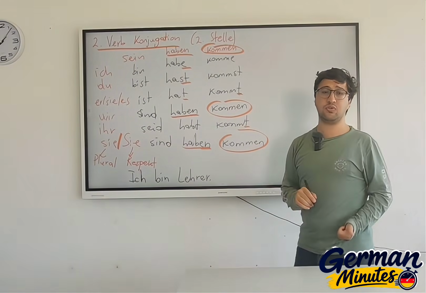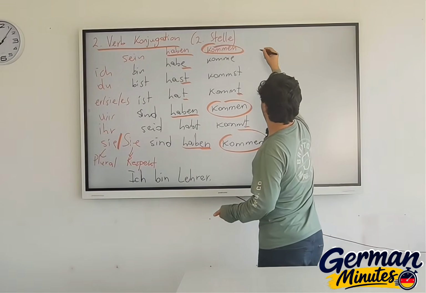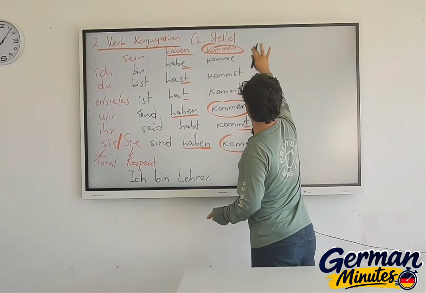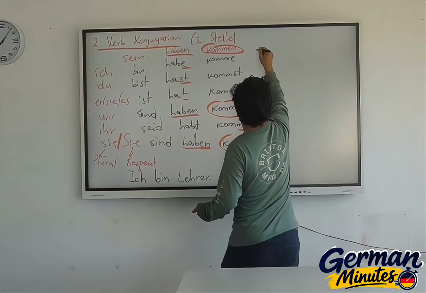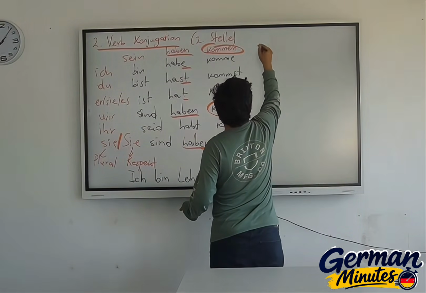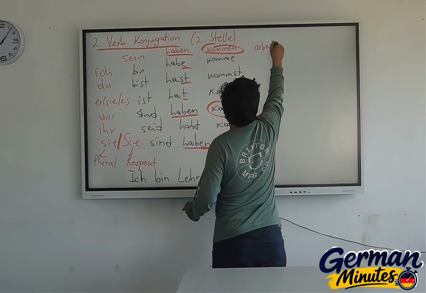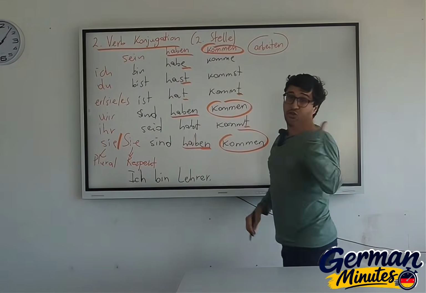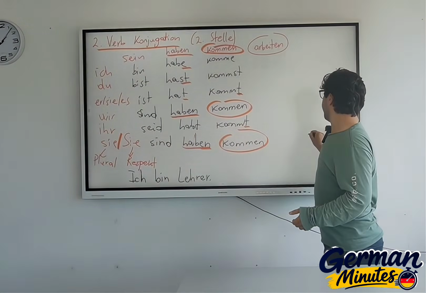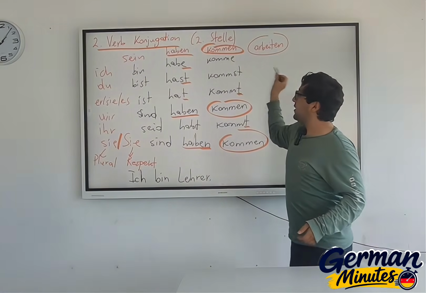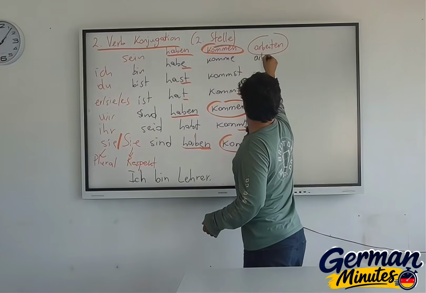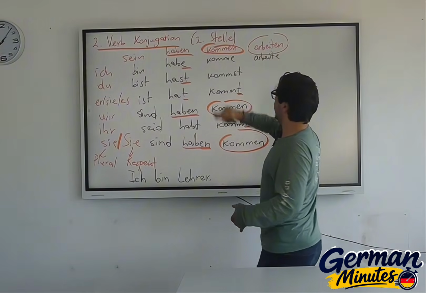Let's look at one of the also most important verbs, arbeiten. You can try yourself when I do, and it's actually not hard, almost the same structure. Ich arbeite, same.